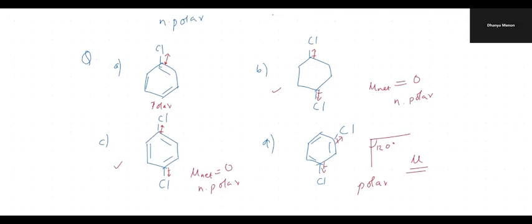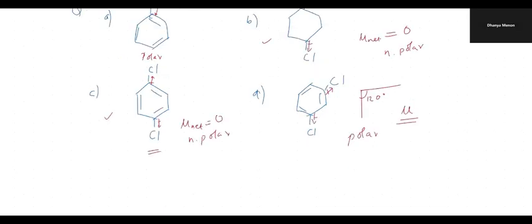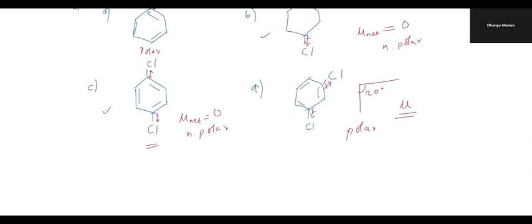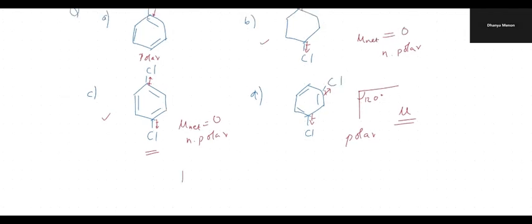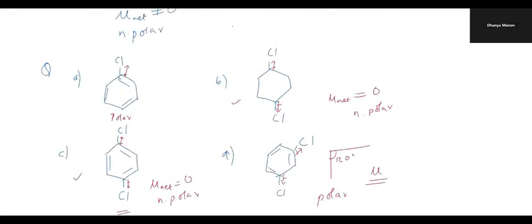This is dichlorocyclohexane. They do not lie in the same plane. But in case of benzene, it is planar. The two chlorines are in the same plane. So for benzene, this answer is correct. But for cyclohexane, this answer is not correct because cyclohexane is not in the same plane.